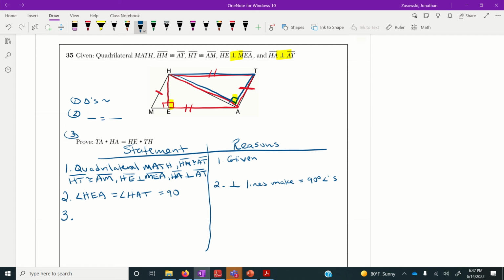So we can say that MATH is a parallelogram. Okay, and then same thing, in a parallelogram, opposite sides are congruent, or if the opposite sides are congruent, our shape is a parallelogram. Any one of those things that you want to put down will work here, okay?